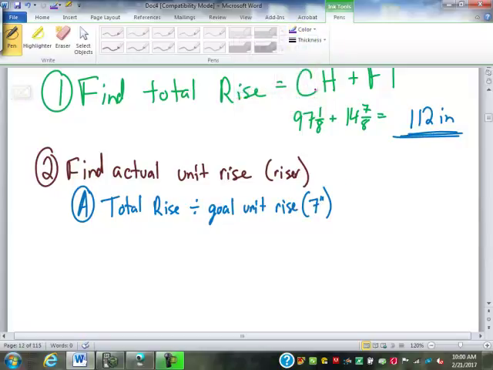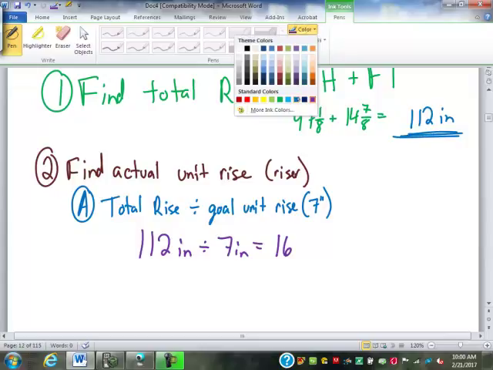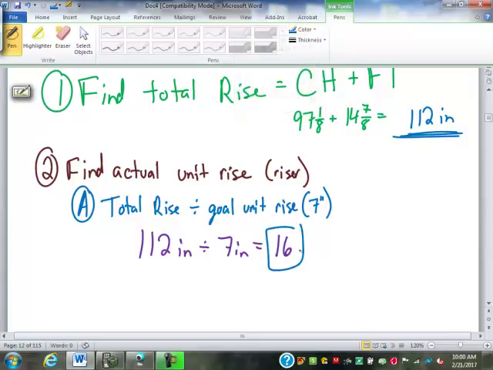Now for this problem, 112 inches divided by 7 inches gives us what? 16. That is the number of rises we will have. Since that came out to be exact, that means our unit rise is going to be 7 inches.